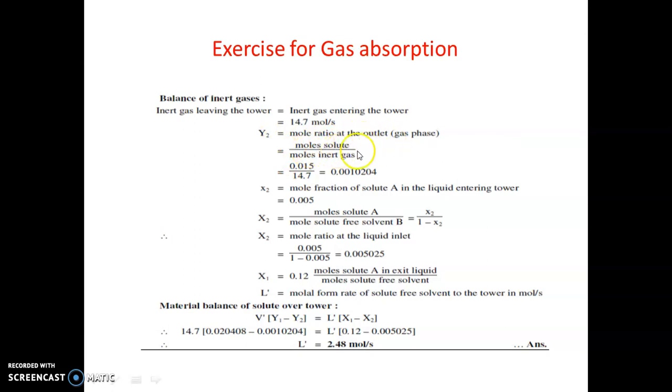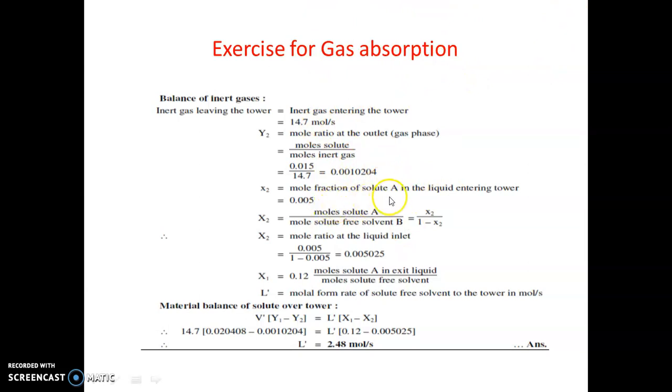So moles of solute divided by moles of inert gas. So moles of solute we are obtaining here, 0.0015 divided by 14.7. So this is the inert gas entering the tower, which is also equal to the outlet. So we have to divide this value and we get this value.